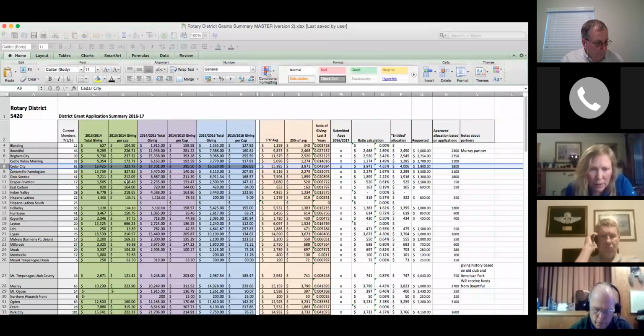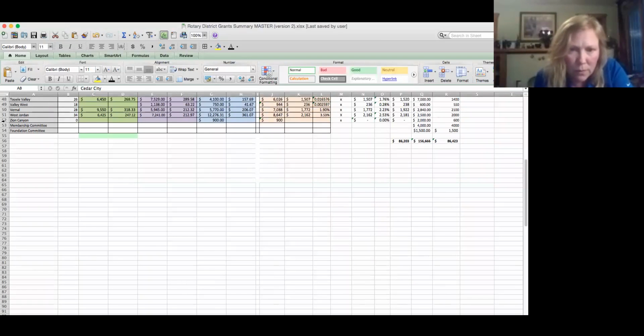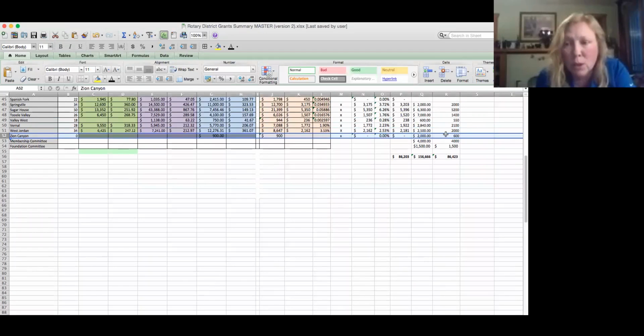Well, and the other thing is that even clubs, I'm going to go back here to my share again, even clubs like Zion Canyon, a brand new club with only 1 year worth of giving, we still made sure we gave them a minimal grant.